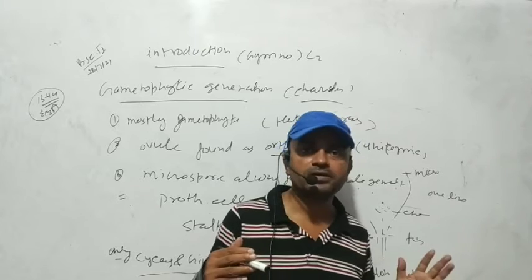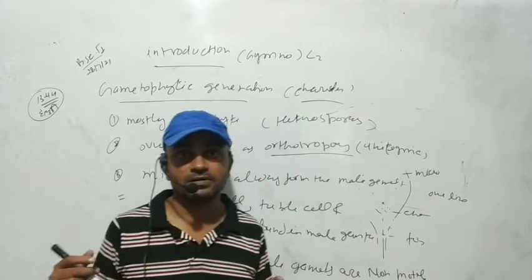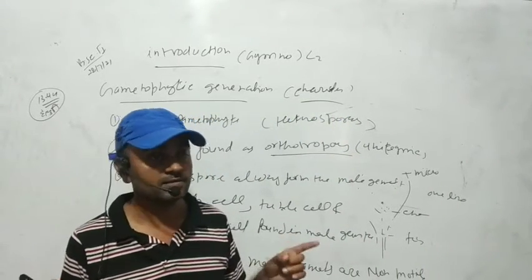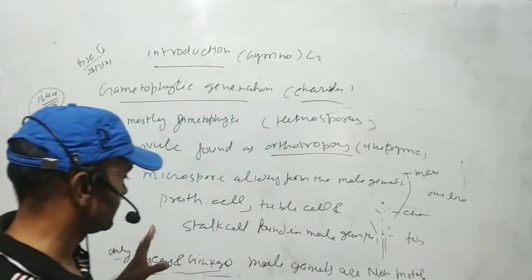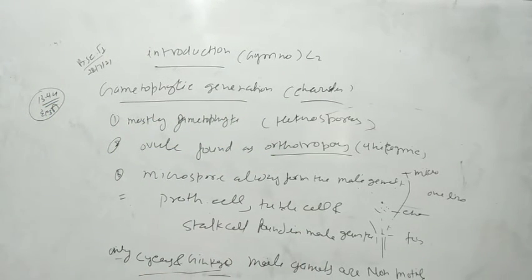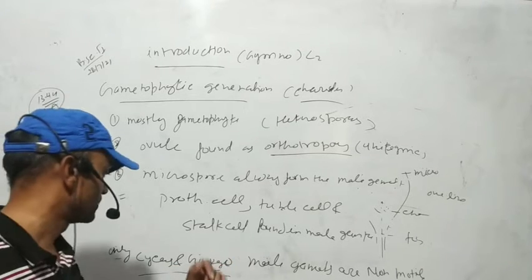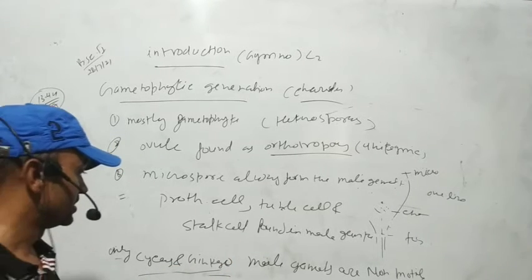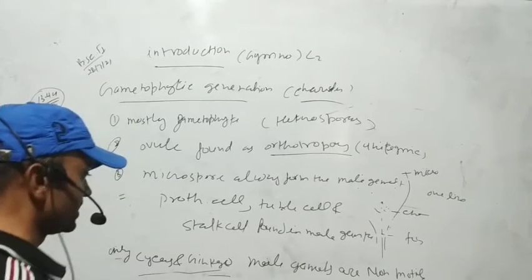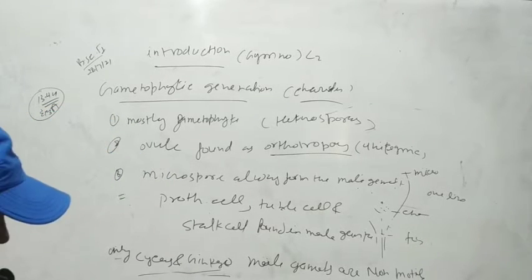After pollination, in the pollen chamber, secondary development takes place. So pollination in gymnosperm takes place by anemophily.